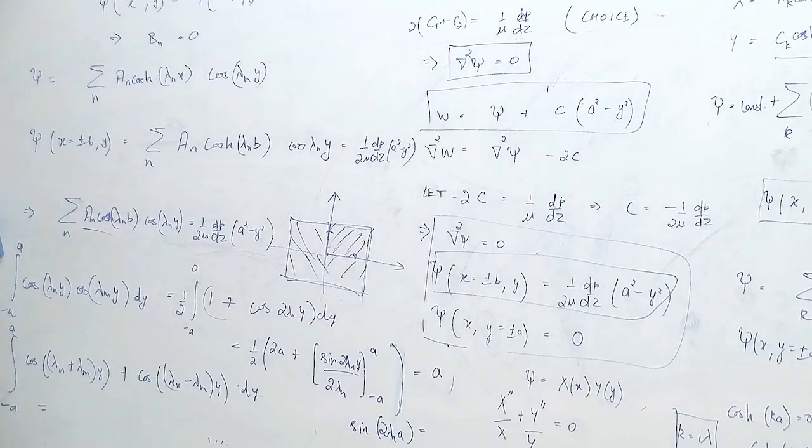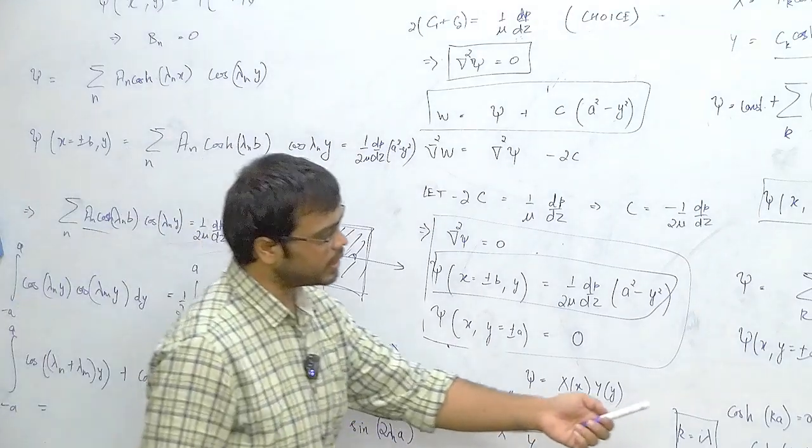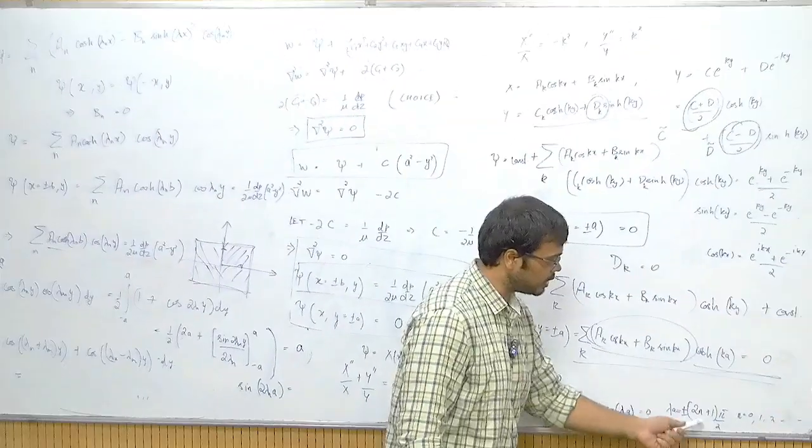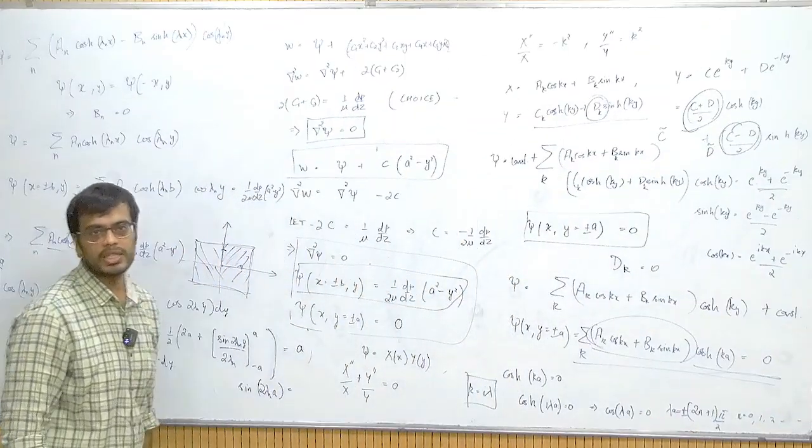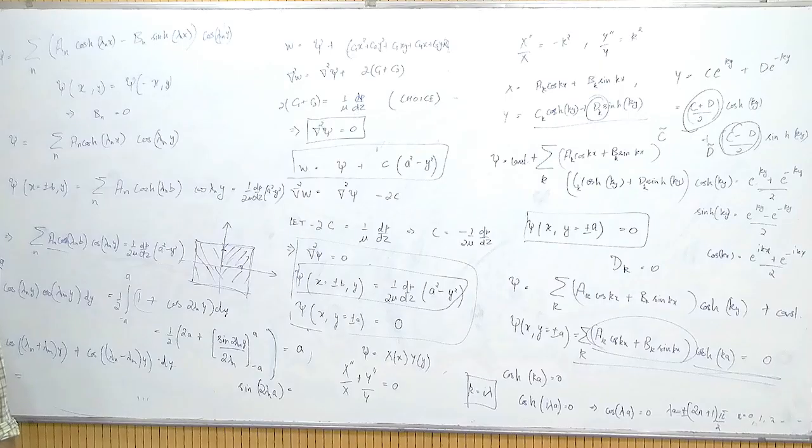So, this is what you will have. Again you are integrating cos of this, so you will again have sine of this, and lambda n and lambda m are not the same, but their subtractions or additions will be some integer multiples of pi.